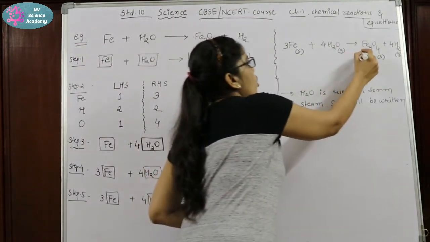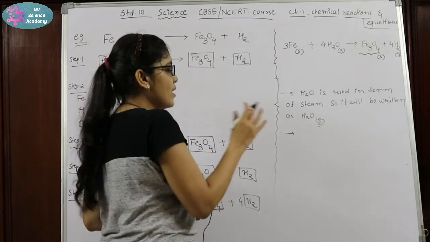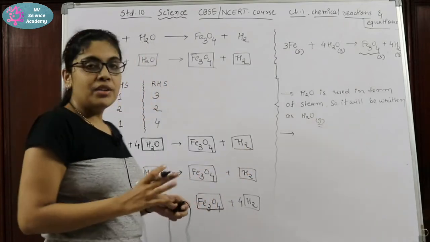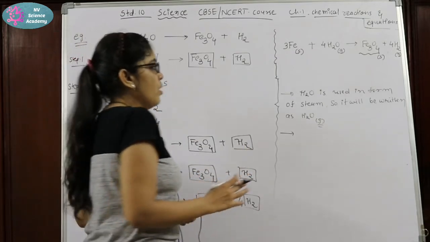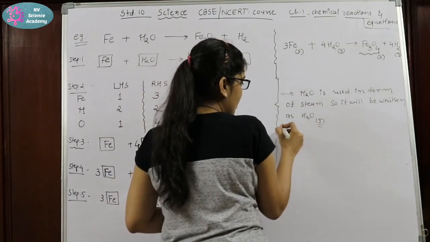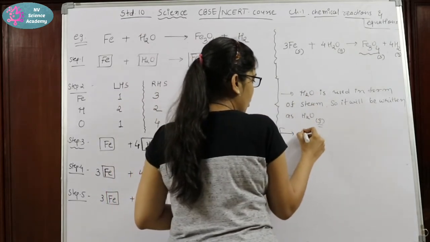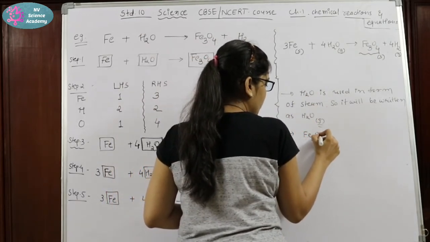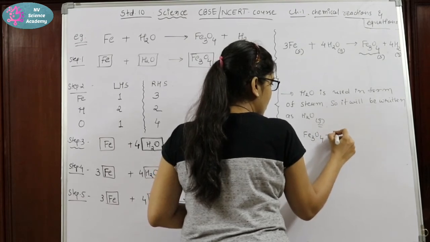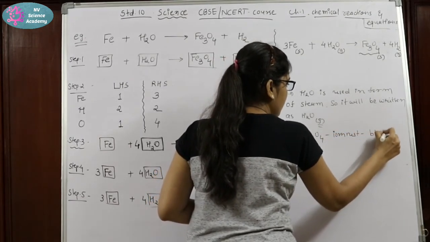So this iron oxide is a formula of rust. There are three types of rust. This rust is of black color. This is only for your general knowledge. Fe3O4, it is iron rust having black color.